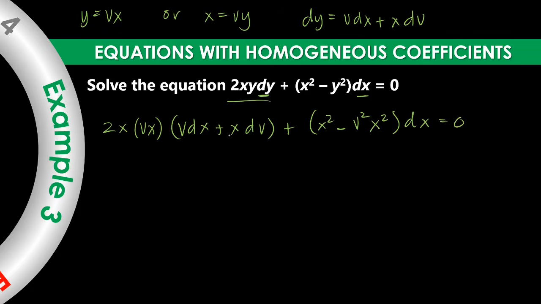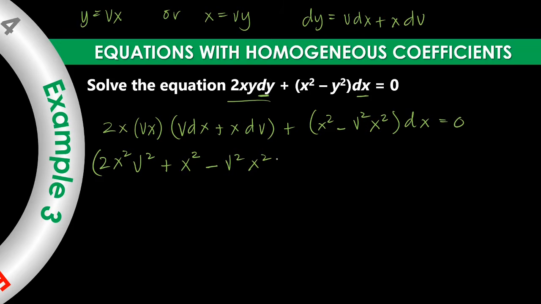So let us now simplify and combine all the terms containing dx. So what are the terms containing dx? Here we have 2x squared v squared dx, and then plus this term x squared also dx minus v squared x squared.